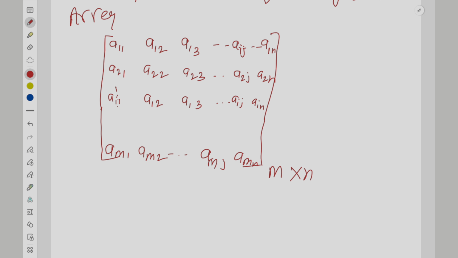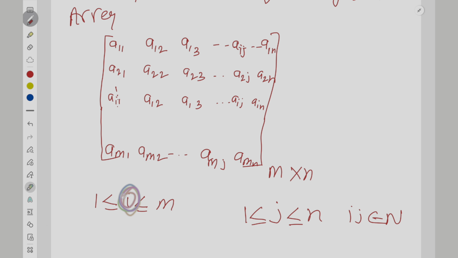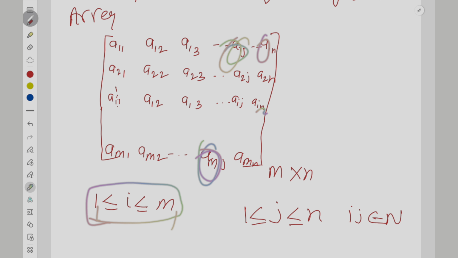Here is some notation. The value of i varies between 1 and m. The first is the value of i, and the second is the value of j, and this i comma j belongs to natural numbers. Here, the value of i goes 1, 2, and so on up to m.